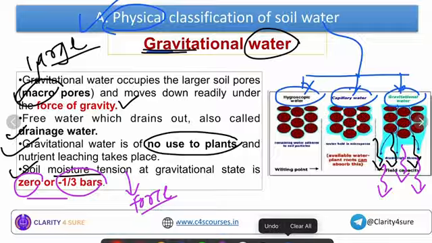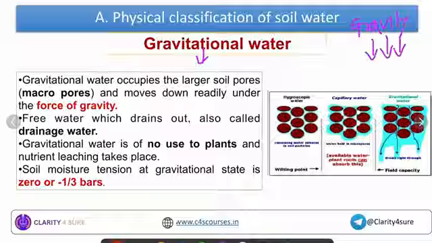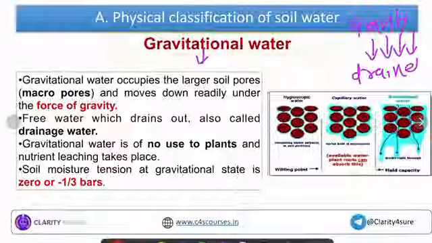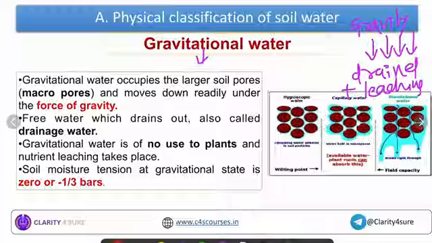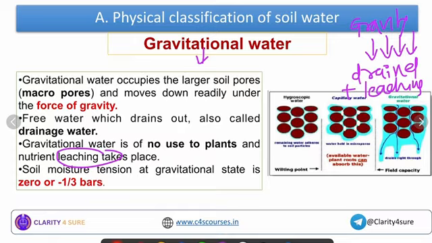So how can we link things here? The name indicates the force of gravity is acting, so it is going to move downward and get drained out. Along with drainage of water, there is also leaching of nutrients. As we said, water acts as a solvent, so the nutrients get mixed with that water and are leached out, which is not beneficial for us. We don't want leaching of nutrients.